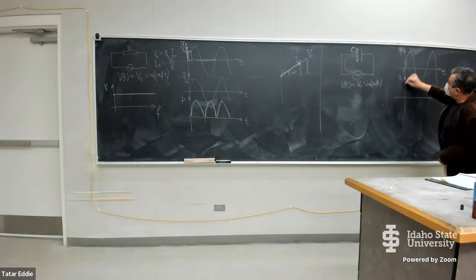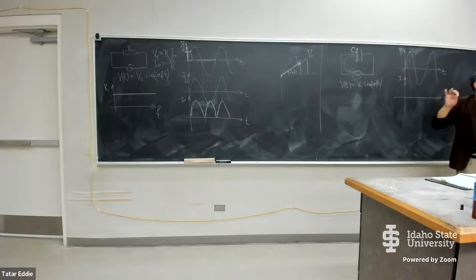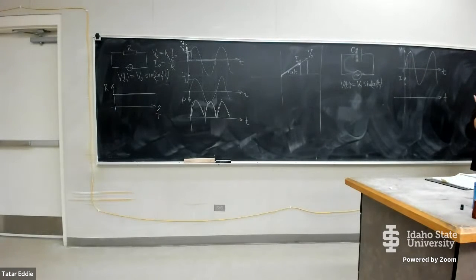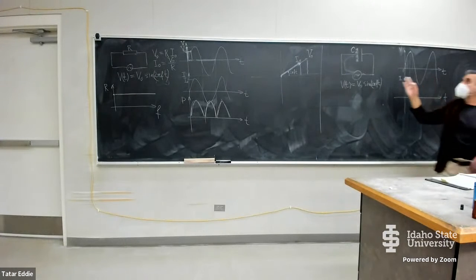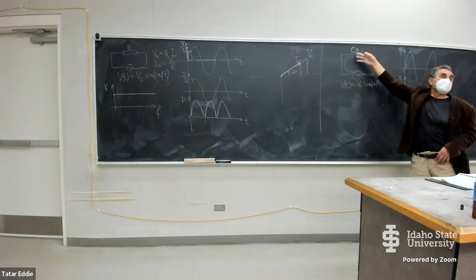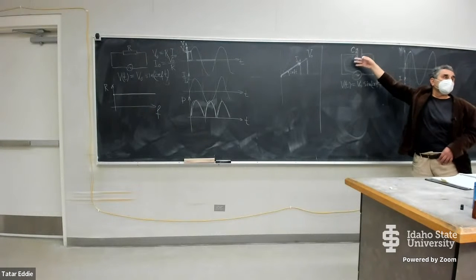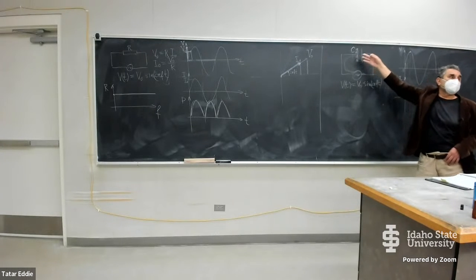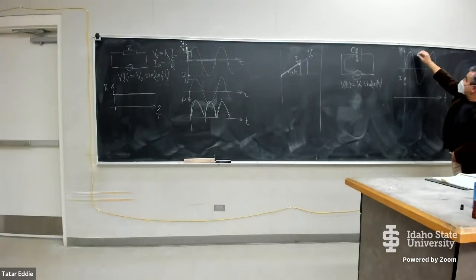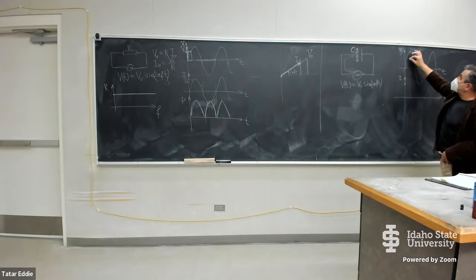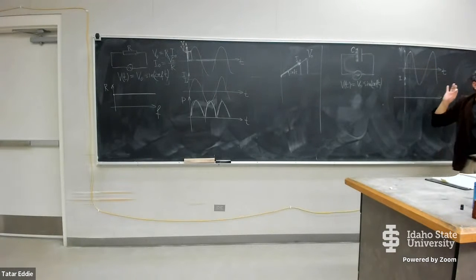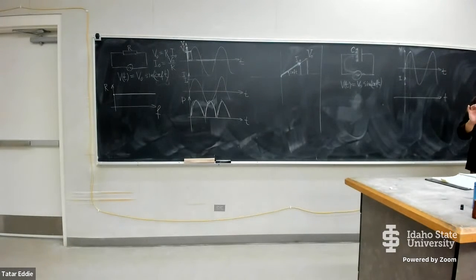Initially, the current is very strong, even though the voltage that drives it is practically zero, small. The current is very strong because there is nothing to stop, nothing to repel those charges from moving to the plates of the capacitor. But as the time goes up, the current actually drops, even though you push harder with the voltage.